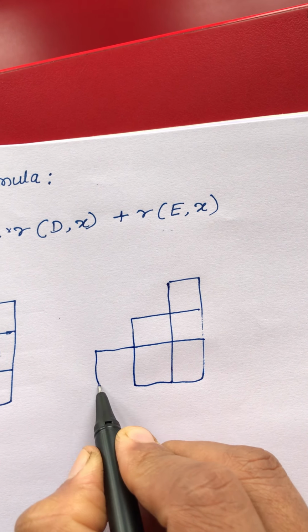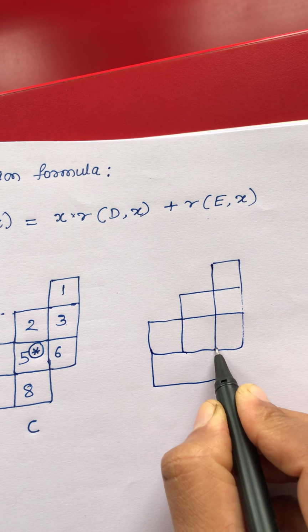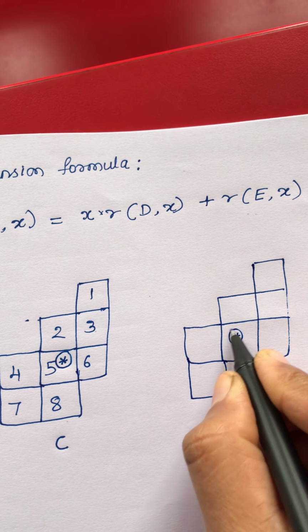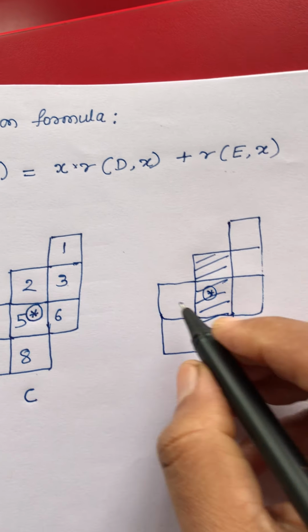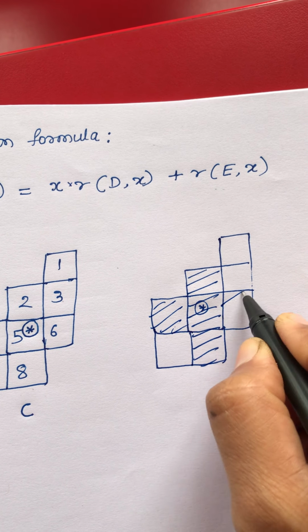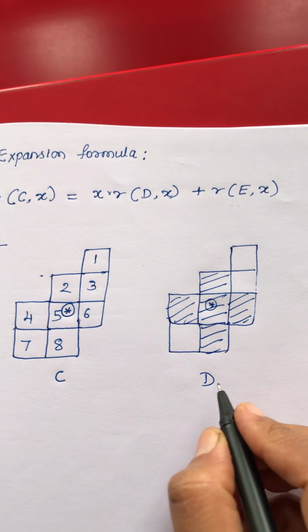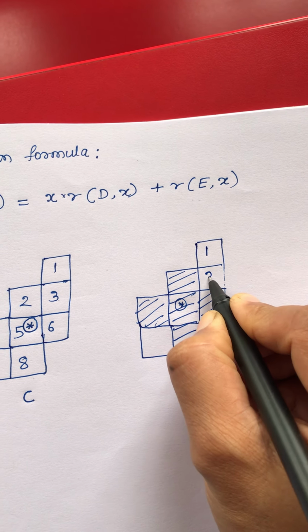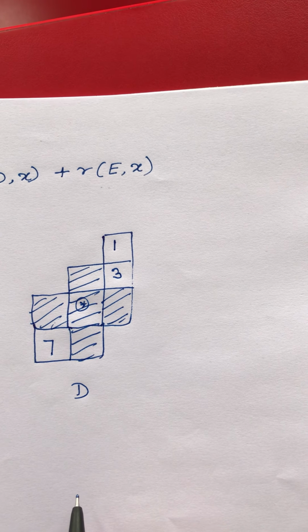You can see, the same board I have written. Now the star is present here, so that column and row will be gone. Delete the row and the column in which the star is present. Now we are left with 1, 3, 7. This is the board D.